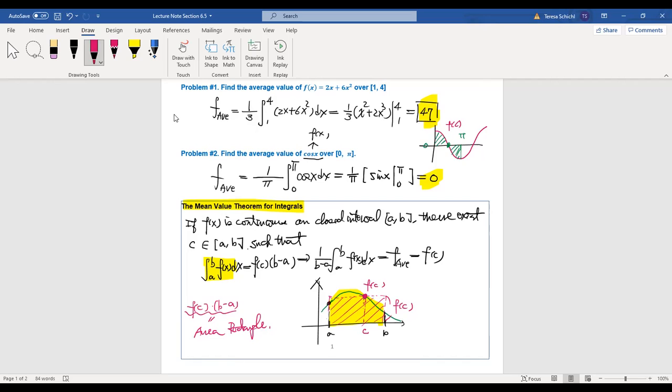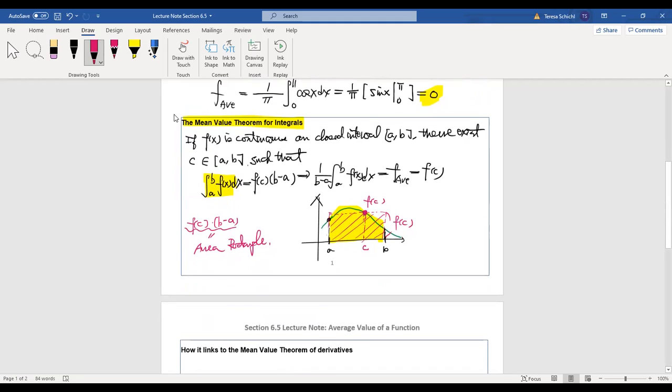You can find the value inside here, so that the area you're integrating equals the area of the rectangle based on this f of C. When I integrate the function, I get this yellow area. But the mean value theorem of the integral tells me there always exists a C in between, such that C creates a height of f of C. So the area of this purple rectangle I'm putting here will be equal to the area under the curve.